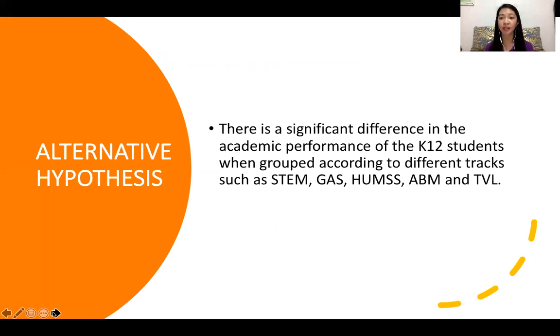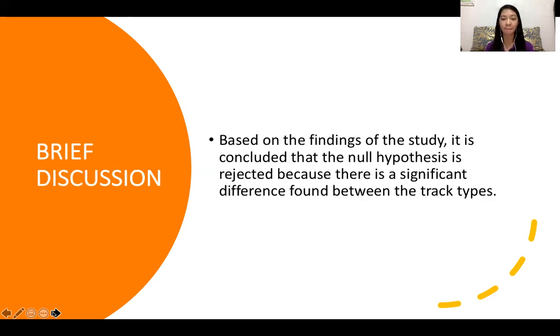And my other hypothetical statistical output here is the alternative hypothesis, which states that there is a significant difference in the academic performance of the K-12 students when grouped according to different tracks such as STEM, GAS, UMS, ABM, and TVL.